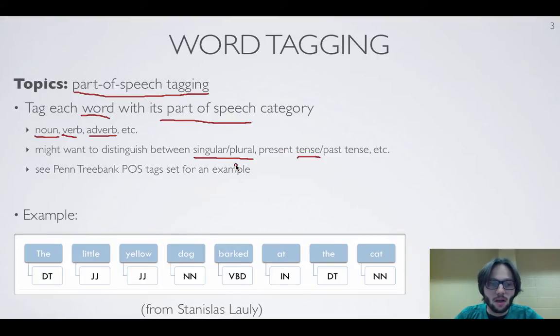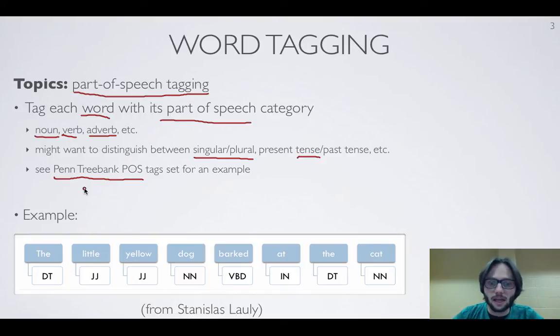One of the most popular tag sets is the Penn Treebank POS tag set. To get a more detailed description of what it is, I encourage you to look on the web. I won't describe it further.